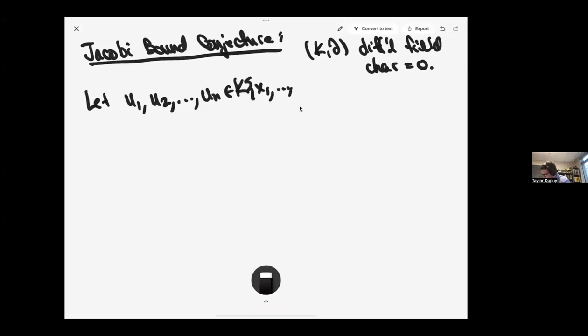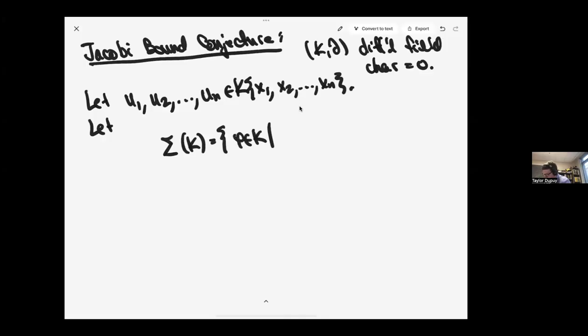And we're going to ask the same question about the size of the intersection of the differential varieties. So we let sigma be the set of phi in k such that u1 of phi is 0 all the way up to un of phi is equal to 0.